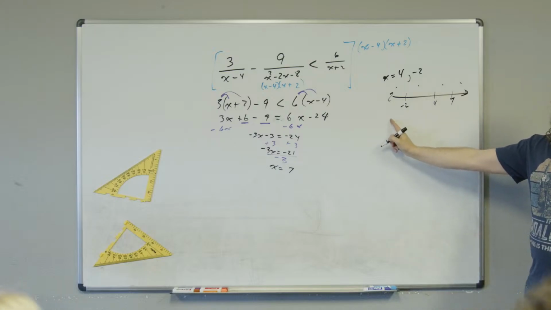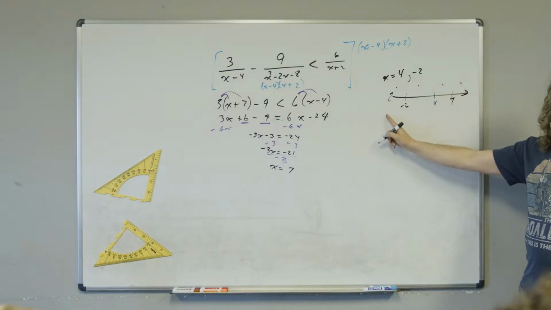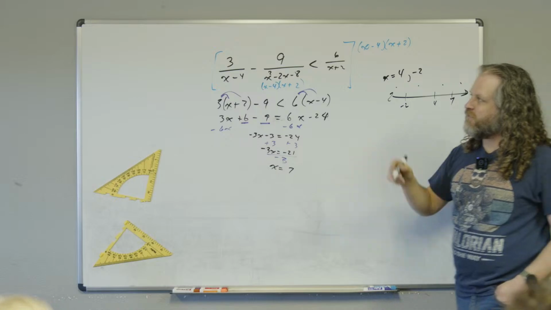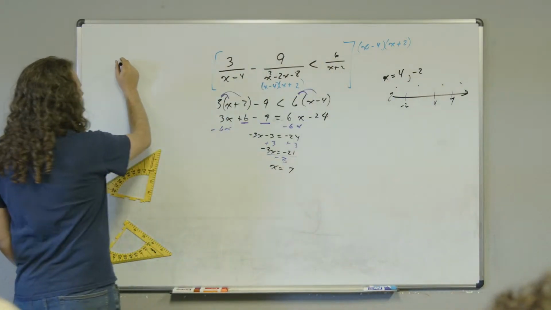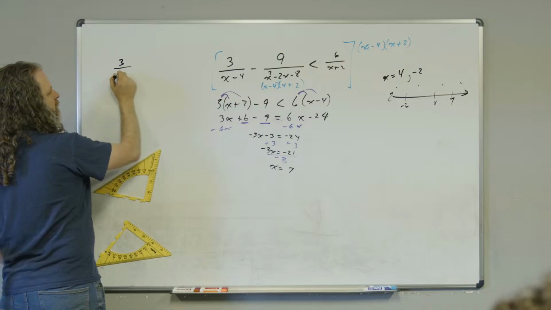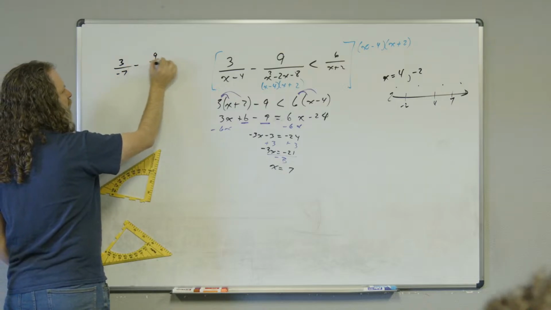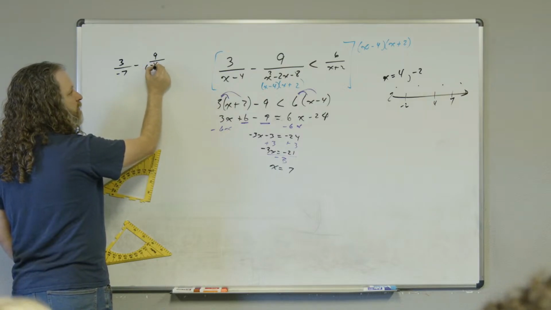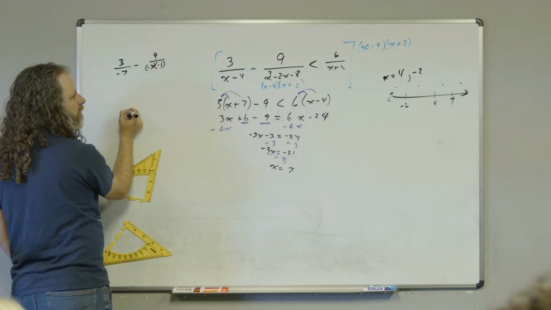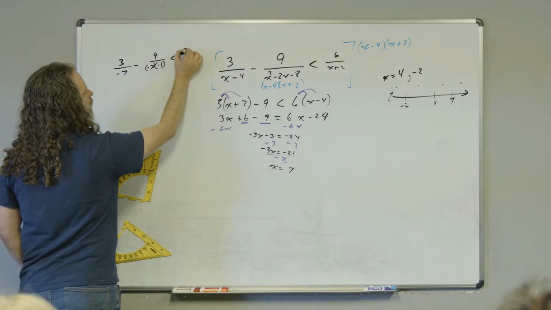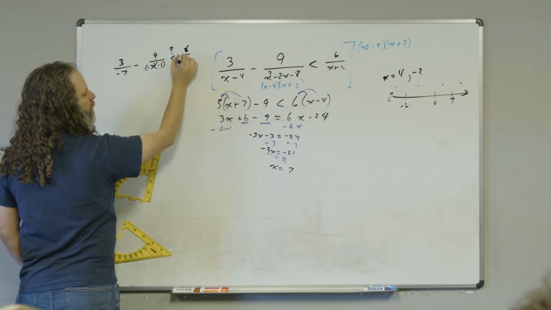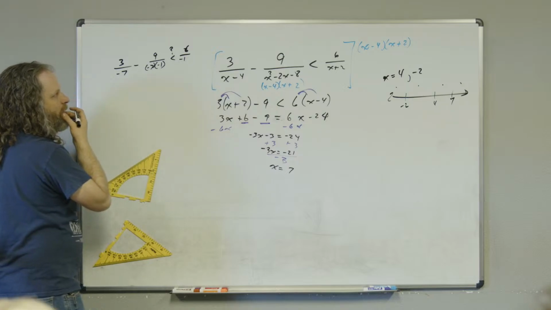So what are we going to check over here? 0 is not over here. 0 is in here. Negative 3 is fine. So 3 over negative 7 minus 9 over negative 3, so negative 7 times negative 1. Is that less than 6 over negative 1?